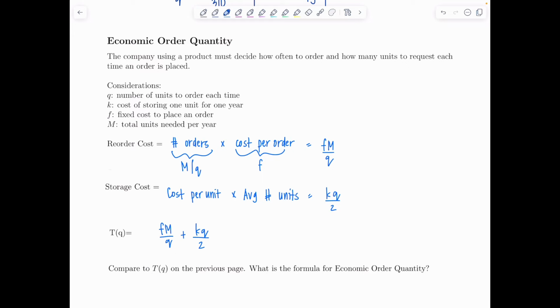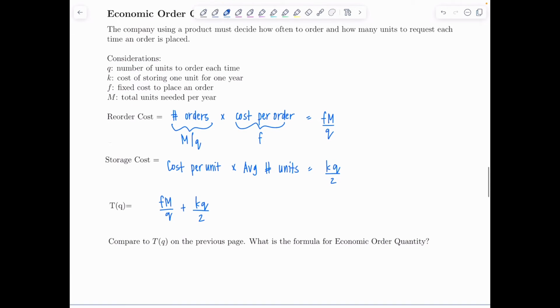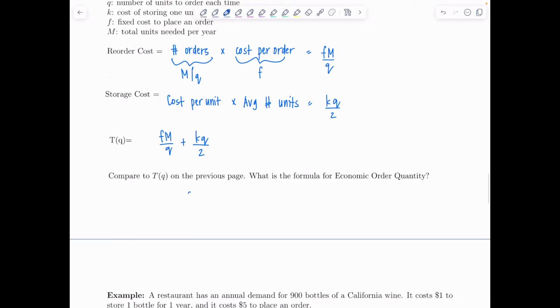Okay, and then what was the formula for economic order quantity? Just to remind you, Q was the square root of 2FM divided by K. And that's going to be the same in this scenario as well, because the only thing that was missing was that constant term. Remember, GM is missing here.